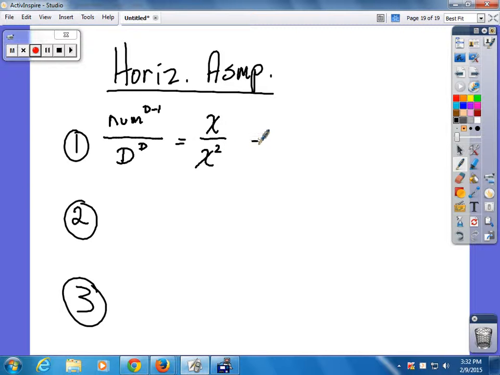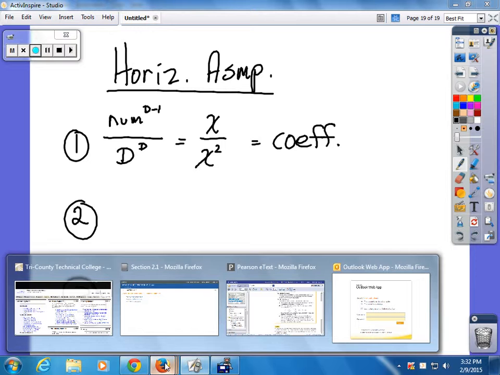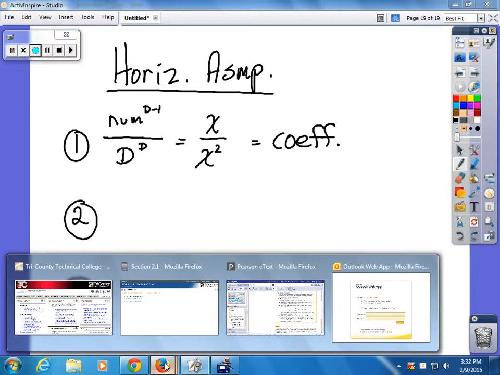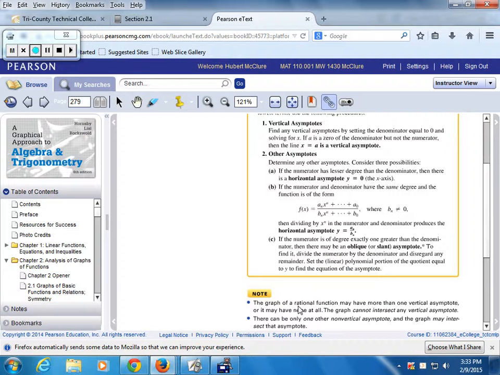Then you go with the coefficients. In this case, the coefficient is 0. I'm sorry, I got it mixed up. It is 0 for the denominator, but not the numerator.